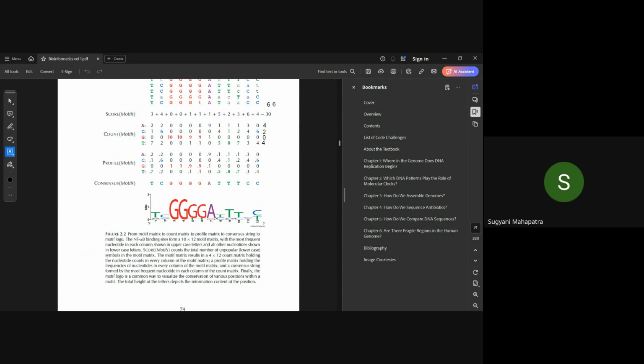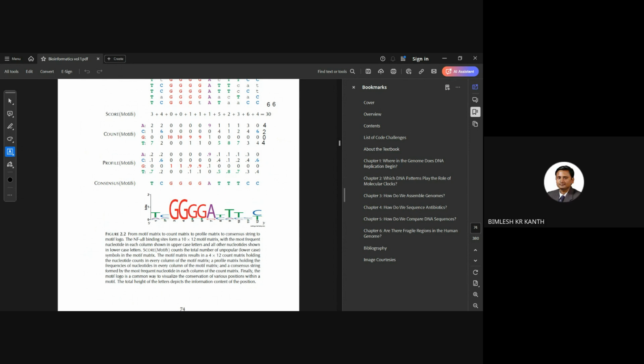The height of the letters depicts the information content. Here G is contained in all the motifs, so the height of G is the full height, meaning G is contained in all of these cells. Now here T is occupying this many bits and A is occupying this many bits. That is what they are trying to represent here.